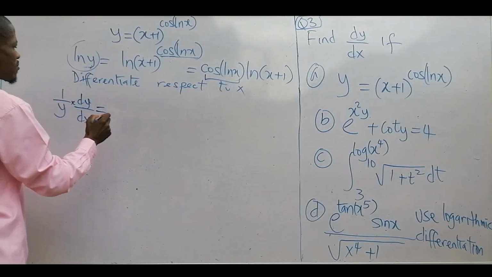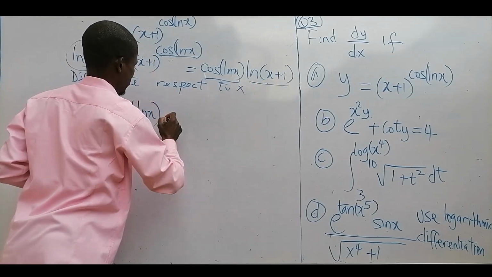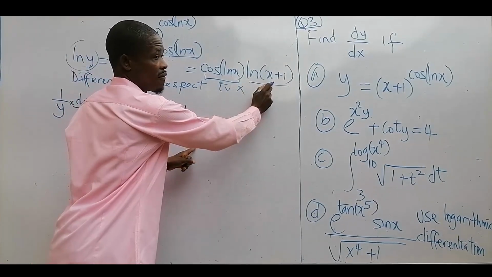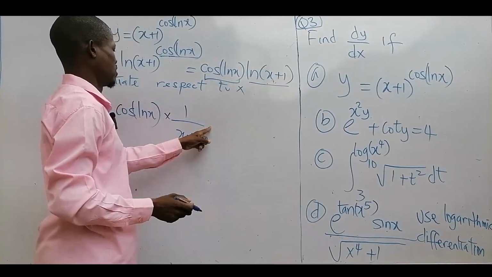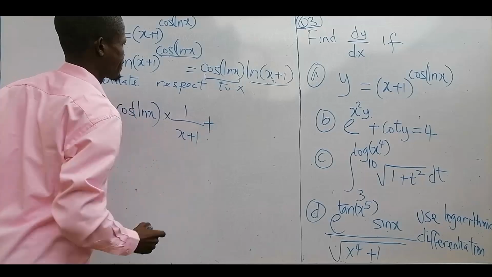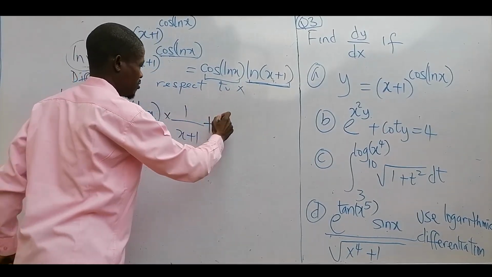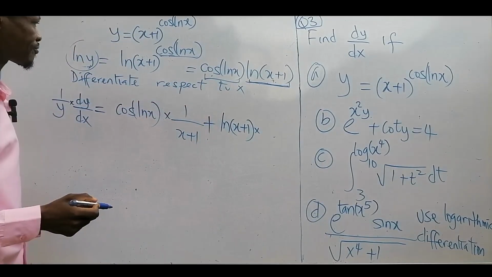So I'm going to take this first one as constant. I'm going to differentiate this one. So times 1 over what? x plus 1. 1 over the inner function times the derivative of that inner function, which is what? 1. Then plus, you've already differentiated this one in the first case, so I'm going to take it constant. I will now differentiate this one.